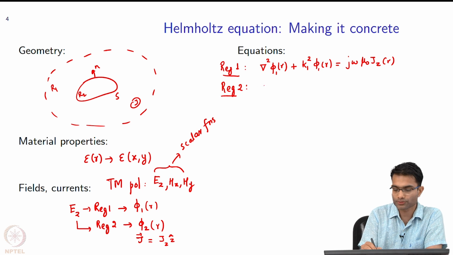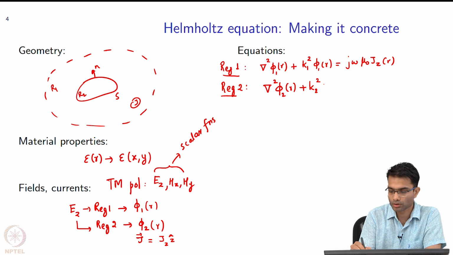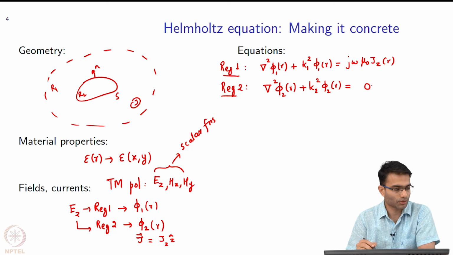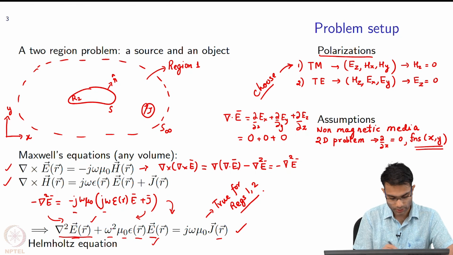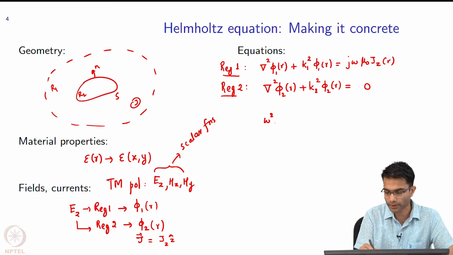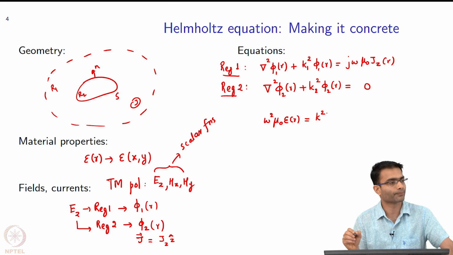Region 2, just follow the same recipe. Okay. So, in other words this term over here, omega squared mu naught epsilon r, I am writing as k squared.